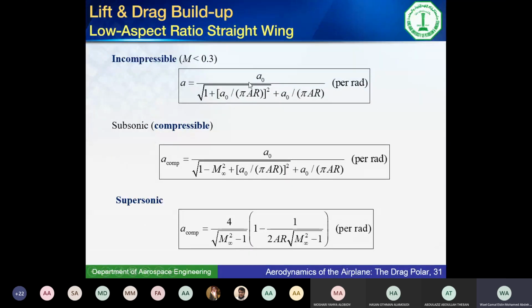So the equations are going to be slightly different. This is for low aspect ratio. Okay, but the concept is the same. Only the aspect ratio would affect these for incompressible and compressible as well as supersonic flow. Okay.